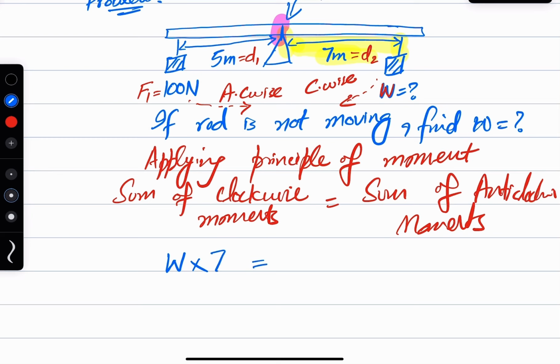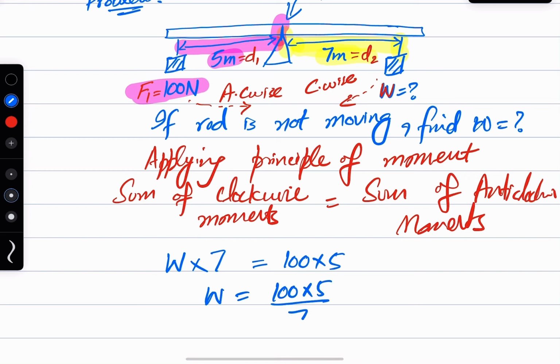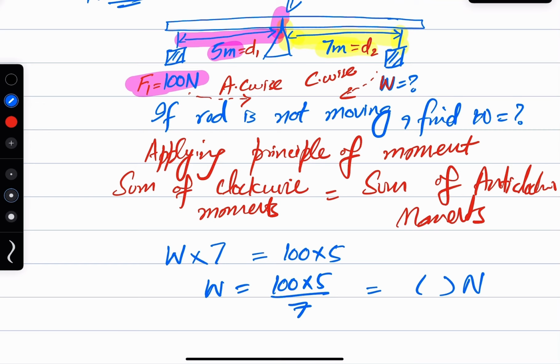The anti-clockwise movement force is 100, and the distance is 5, so it will be 100 into 5. So the weight will be 100 into 5 divided by 7, and the answer will be in newtons. So this is the final answer.